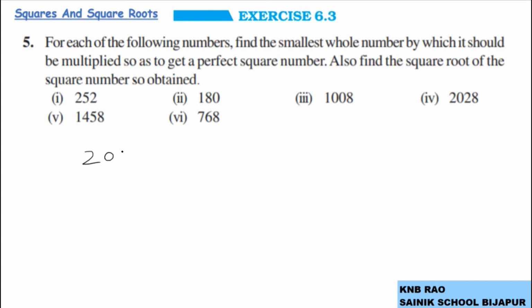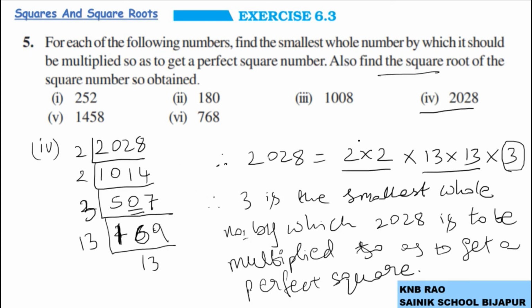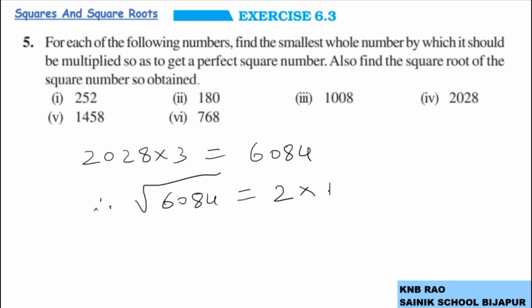The product of 2028 by 3 is 6084, and the square root of that 6084 is 1, 2 for the sake of this pair, and 1, 3 for the sake of that pair.